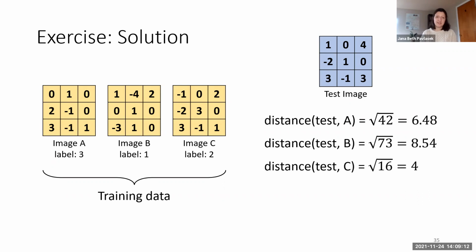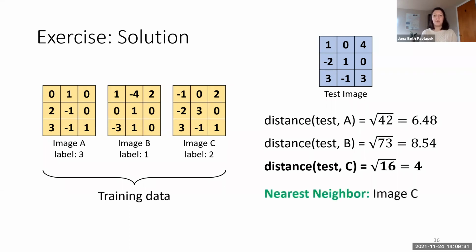The distance between the test image and image C is 4. So the next step is we need to find the minimum. The minimum distance is 4, which corresponds to image C. So our test image's nearest neighbor is image C, which means we are going to give our test image the same label that C has, which in this case is 2. So the label for our test image would be 2.